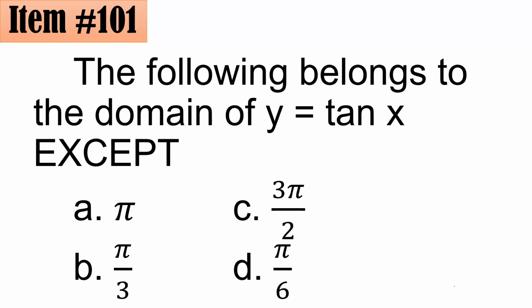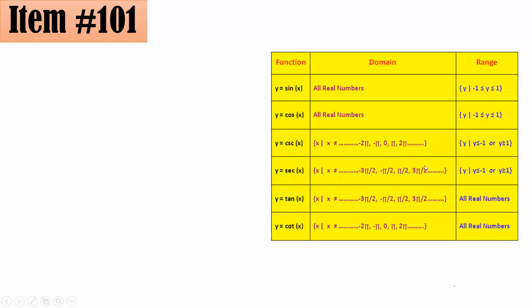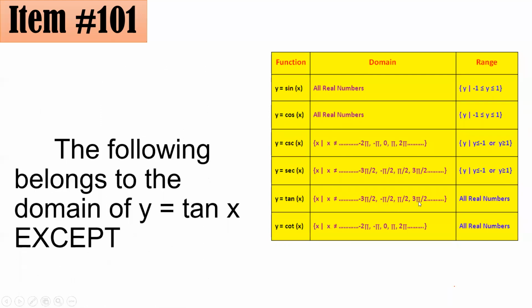Okay, anotin po mamaya sana po, sana pumilis na po yung internet natin. And tandaan po natin, undefined po siya whenever cosine x is equal to 0. And actually, here's the domain po, no, of tangent x. It could be any as long as x is not equal to negative 3 pi over 2, negative pi over 2, pi over 2, 3 pi over 2, and so on.